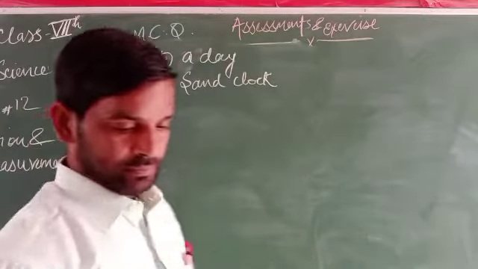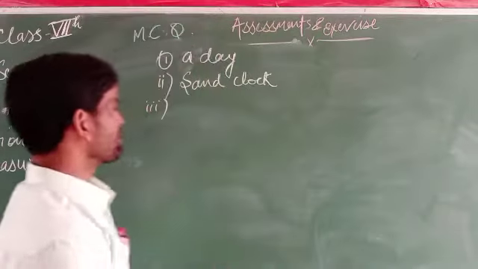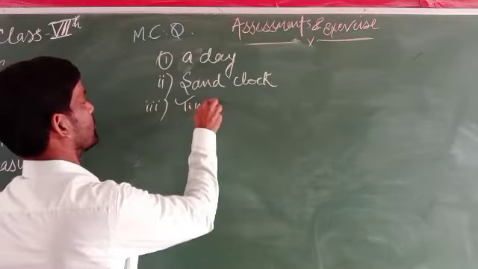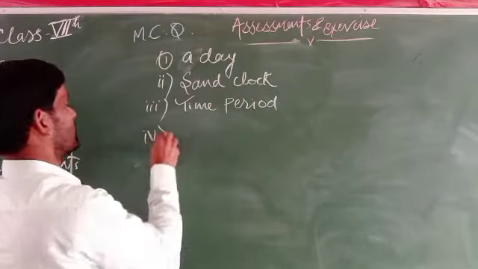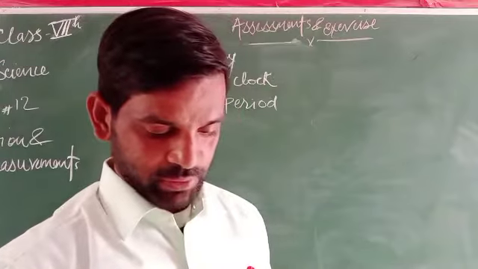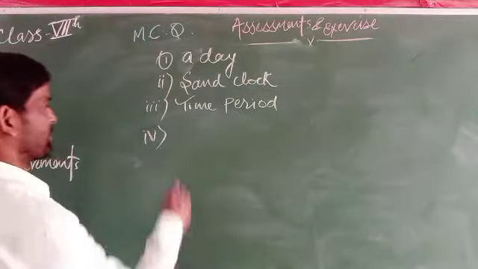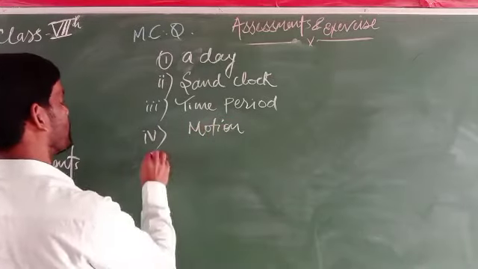Third, time taken by a pendulum to complete one oscillation is called time period. Question number 4, movement of an object from one place to another place is called motion.